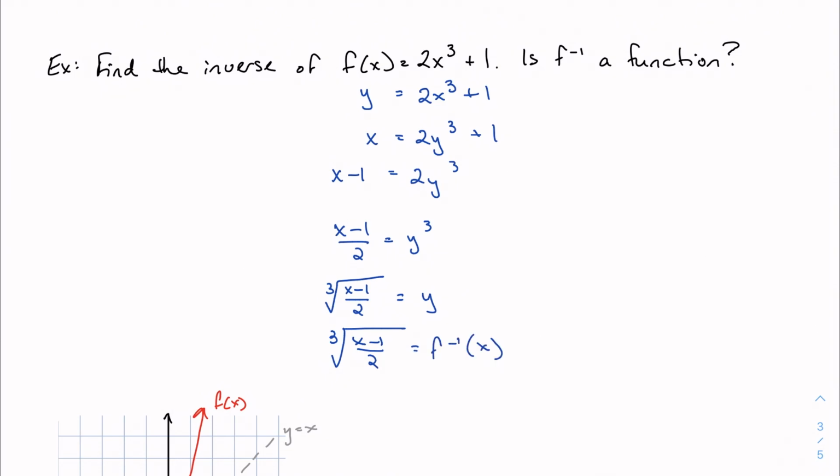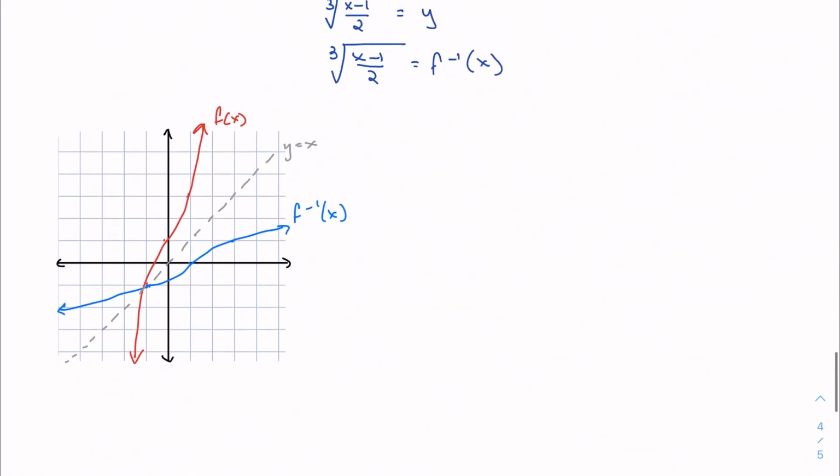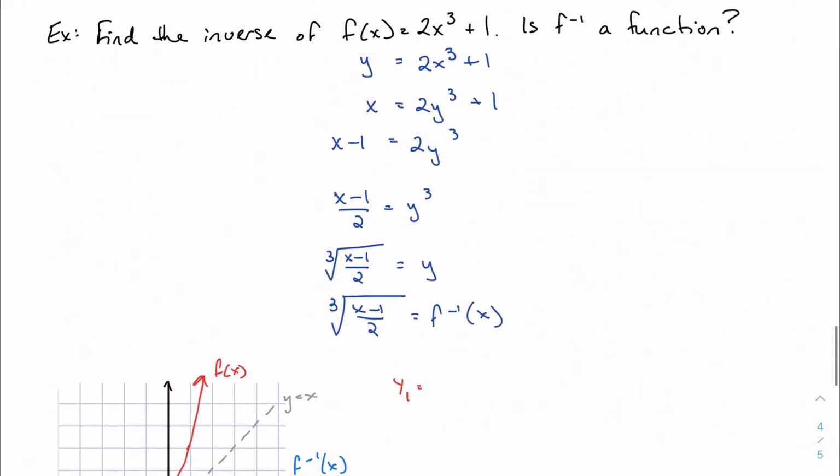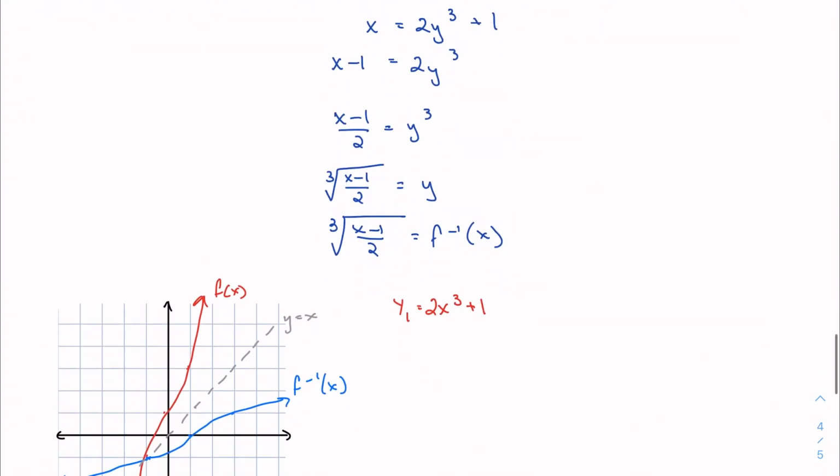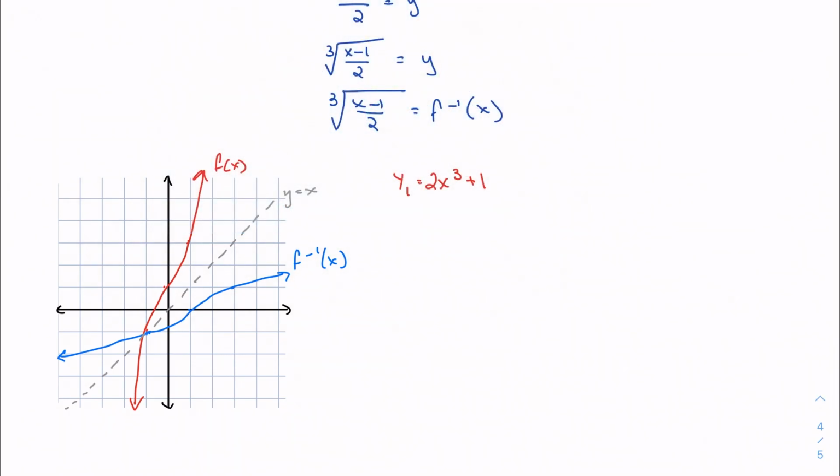I'm not going to verify it right now for the sake of time, but if you want to pause this video and practice it, you're more than welcome to. Also for the sake of time, I've graphed the two functions, and this is something you can do on your calculator. I would input 2x cubed plus 1, my original function, and I would input my inverse.